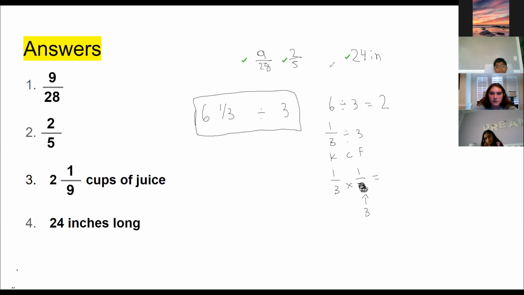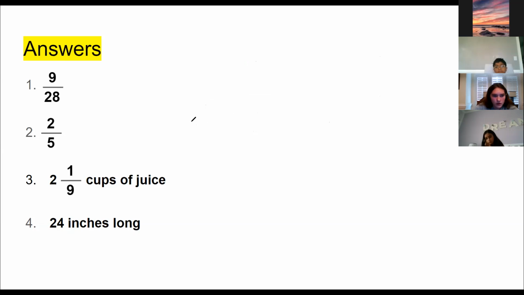Okay, so I understand what I did wrong. So what she was asking was 6 1/3, right? Divided by 3. So I should have done a simpler way by breaking it down. And what I mean by that is doing this.